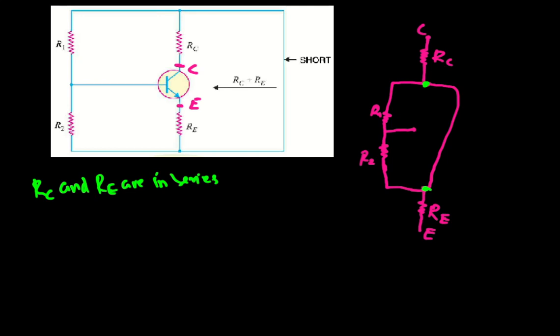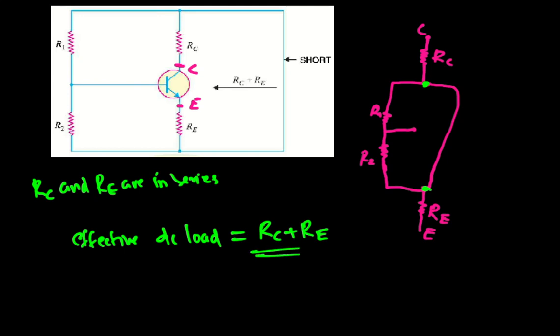So the effective load resistance of the circuit, or the DC load, we can call it the DC equivalent, so we can call it the DC load. So the effective load resistance is equal to RC in series with RE, so we can write it as RC plus RE. So this is the effective DC load of the circuit.